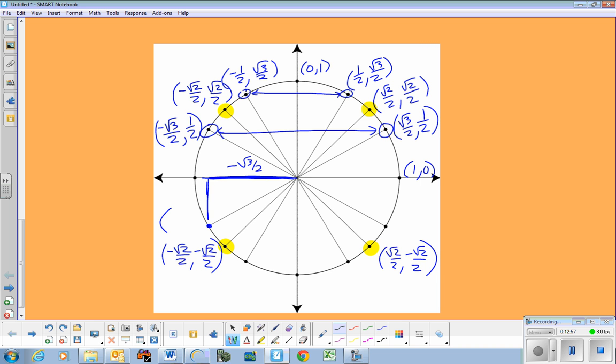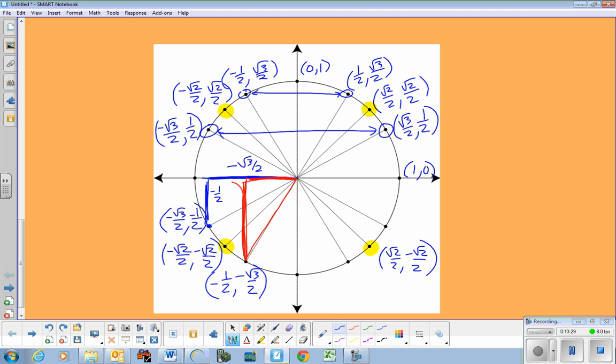And it's down the short side of the triangle, negative 1/2. Everything's negative. Sine and cosine are both negative over here in the third quadrant. When I get down here to 240 degrees, now that one goes left the short side and down the long side. So that one is negative 1/2, negative square root of 3 over 2.